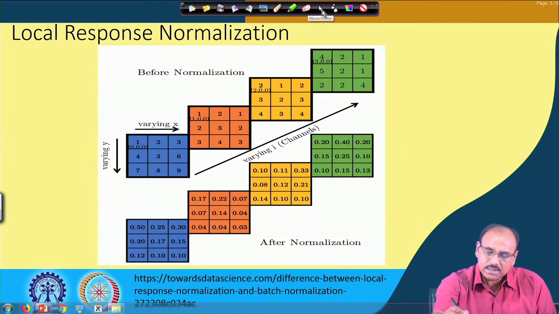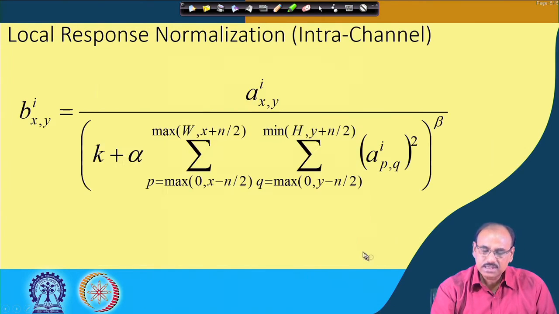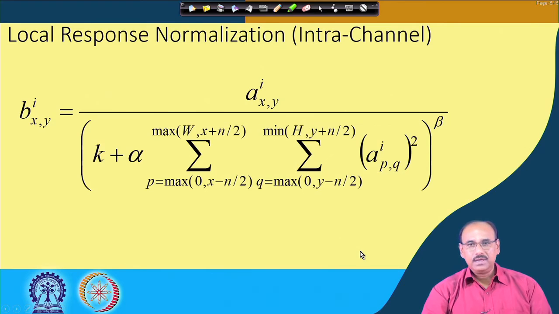The other kind of normalization that can be used is intra-channel normalization, where the normalization is carried over the features within the same channel. Here again, if I want to apply this normalization in channel i, b_i^xy is the feature value after normalization at location xy in the ith channel, and a_i^xy is the feature value at the same location before normalization.